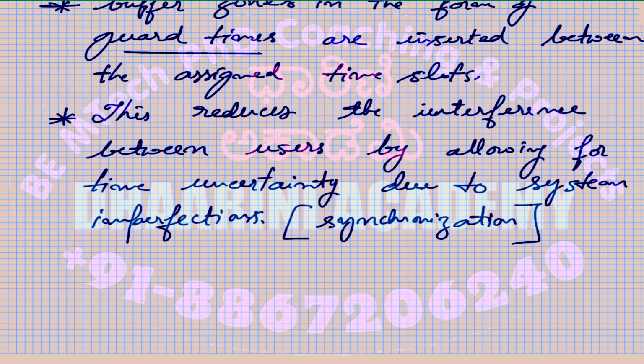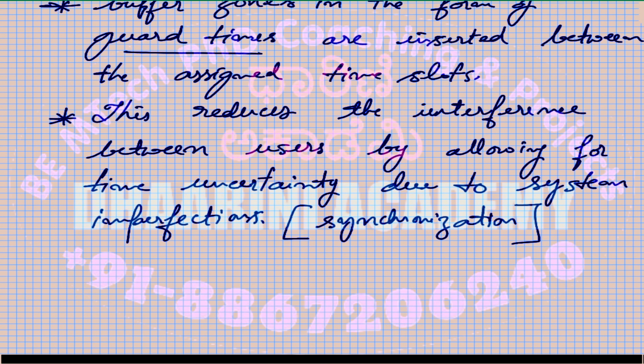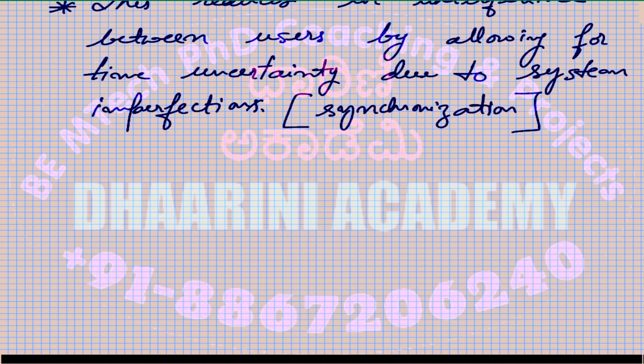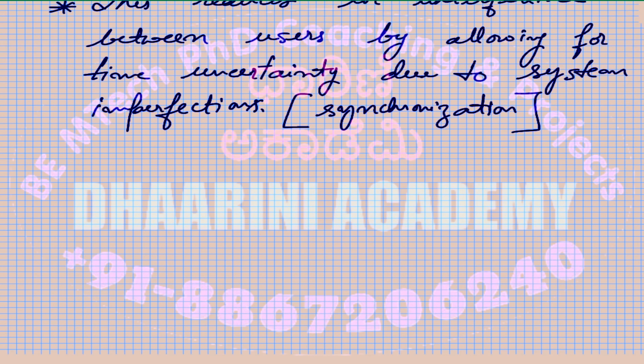But because of the restriction where a wide variety of users use the channel from different locations, you cannot make use of a common clock. So there will be a synchronization issue, because of which you have to allocate the guard band, which takes care of this.